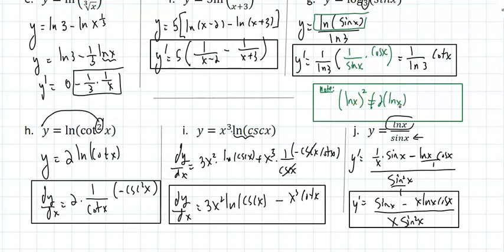Be careful not to mix that with natural log of x squared, which is twice natural log of x. So the point is, if the argument is being squared, I could move that 2 up front. But if the entire log is being squared, I can't move that up front. That's not really the third law of logs. And that's pretty much it for this section.